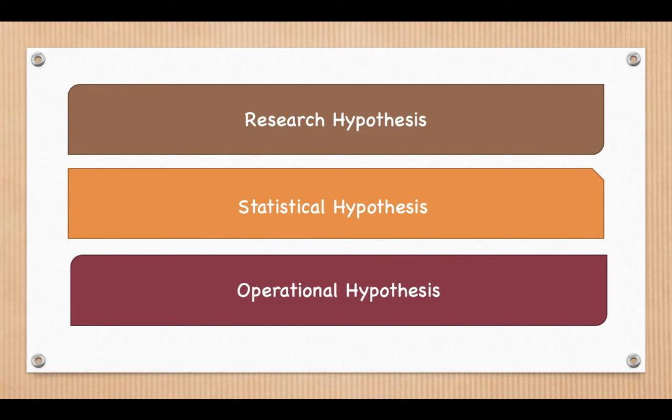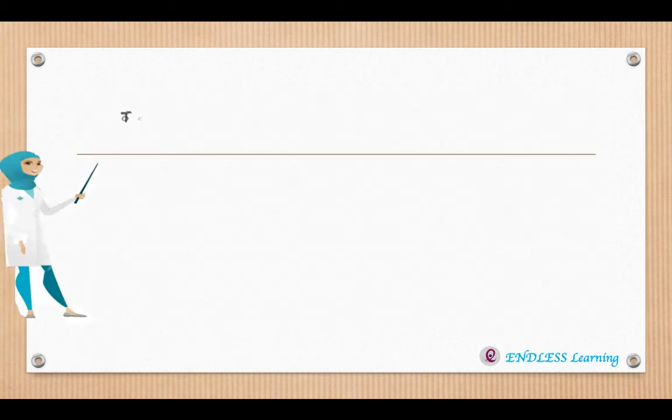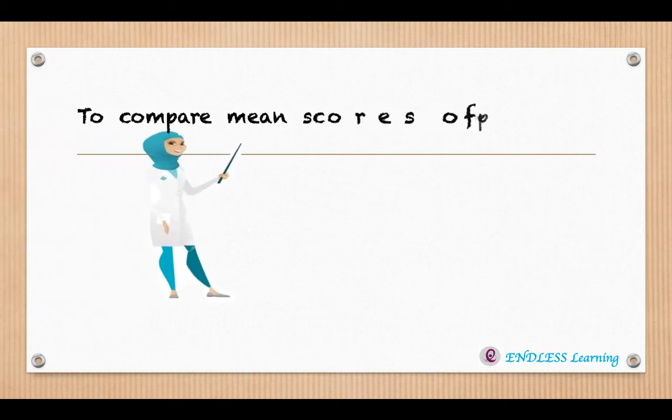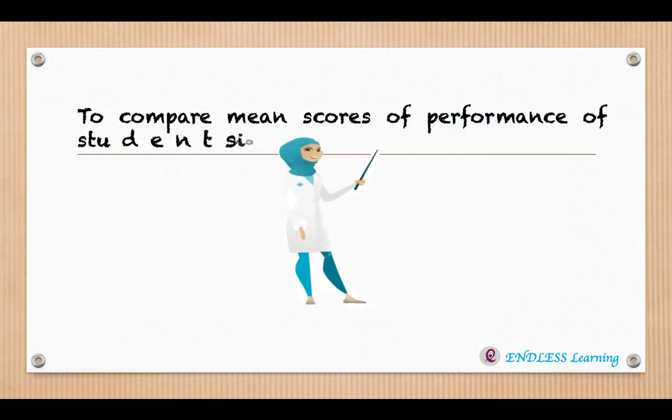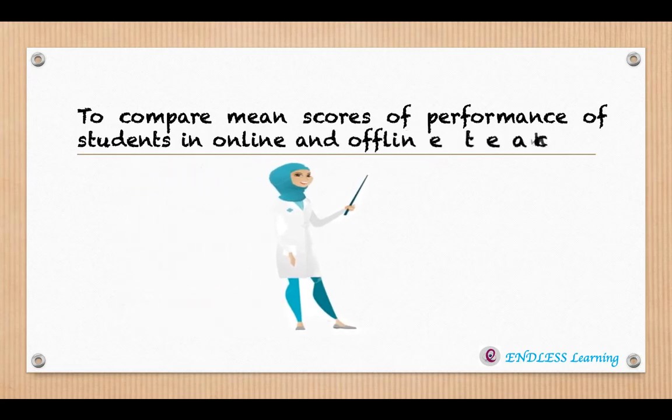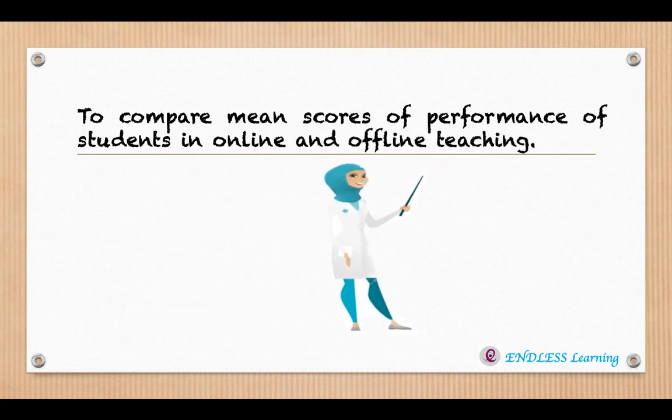Let us move forward and see how to formulate these three types of the hypothesis by taking an example of an objective. In our previous video lecture, we found a research gap, that is e-learning, and suppose a researcher has framed the objective: to compare the mean scores of the performance of a student in online and offline teaching.